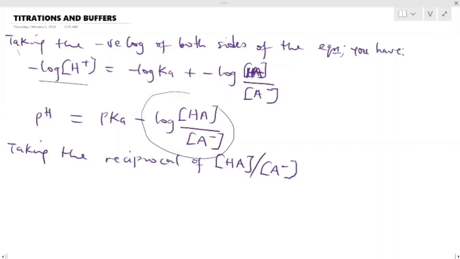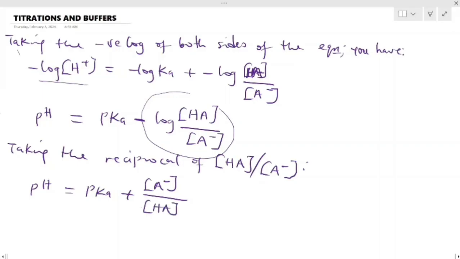Taking the reciprocal of this automatically changes the negative sign to a positive sign. So when you take the reciprocal, what you automatically have is pH is equal to pKa plus, okay, reciprocal will now mean concentration A minus comes up to the numerator and concentration HA goes down to the denominator.